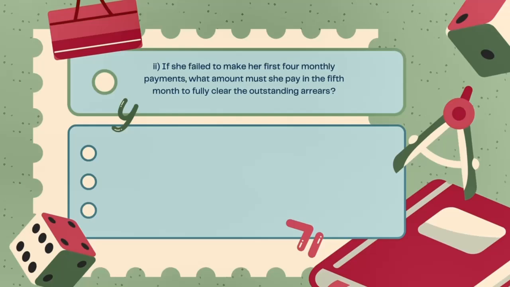If she fails to make her first 4 monthly payments, she must pay them in her 5th month to clear the outstanding arrears. n equal to 4 arrears plus payment on the 5th month, so n equal to 5. We are going to use the formula S equal to R, bracket, 1 plus i, bracket, power of n minus 1, divided by i, bracket.